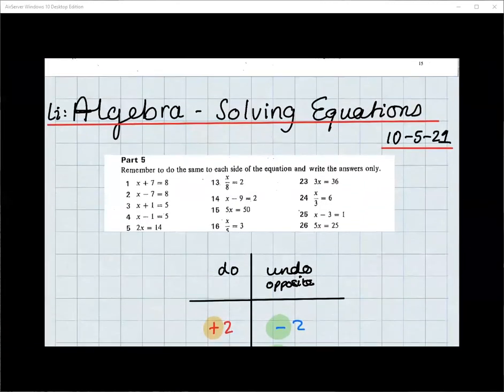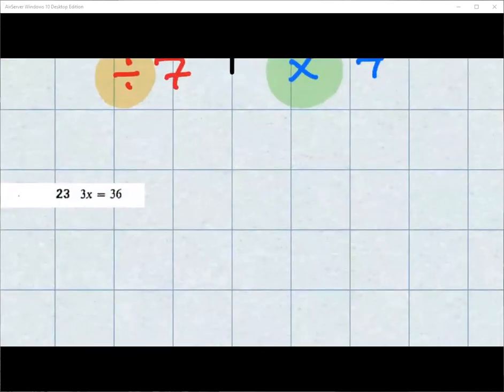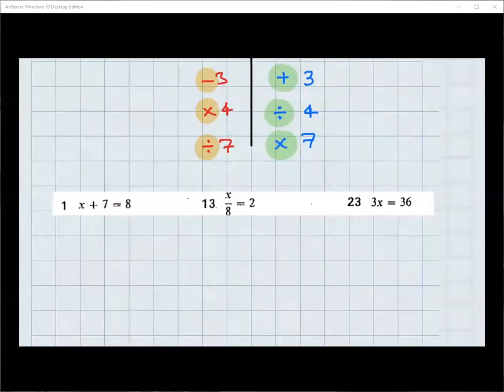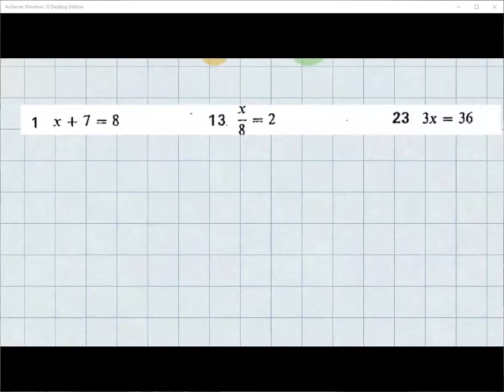Now let's grab some of these questions and let's start doing some inverses. Okay, here we go. So we have x add 7 equals 8. Now there's different ways of actually showing the mathematics.